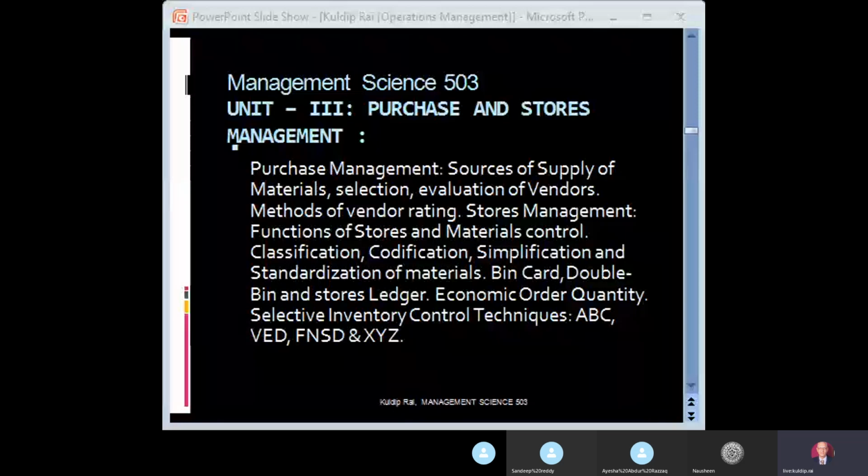So that's an important criterion. Third is delivery period. Delivery period is again very important because just for the sake of a saving of a few rupees, I can't delay my project. I can't delay the supply of my products and services to my clients. So delivery is the third criterion.